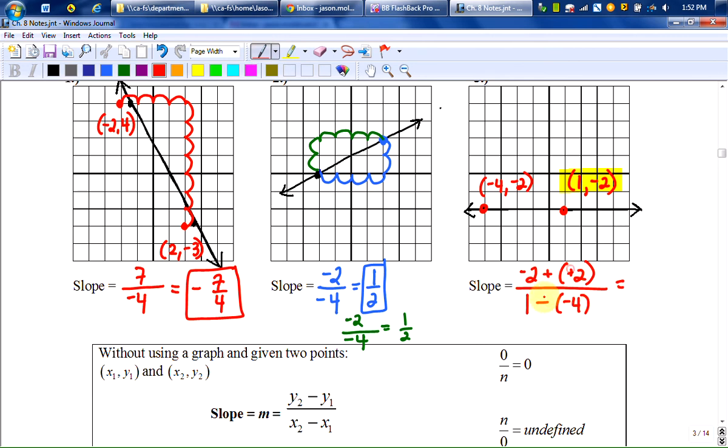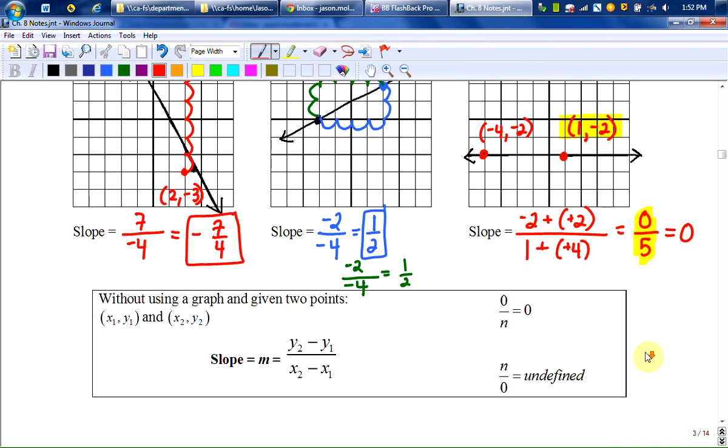I'll get rid of some of these double negatives. And I have to remember that this represents 0 slope. If I look at the picture, I also see that this is 0 slope, whereas undefined slope has the 0 in the denominator. So this is okay, having 0 out of 5.